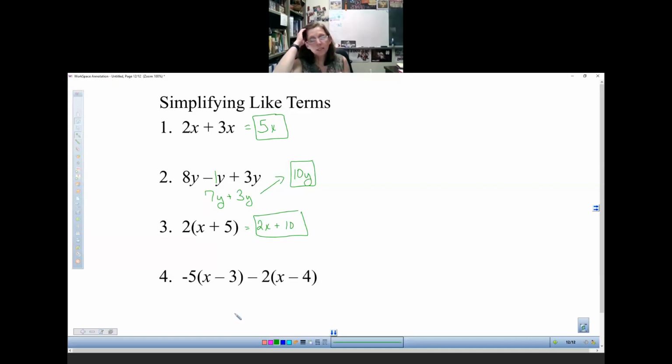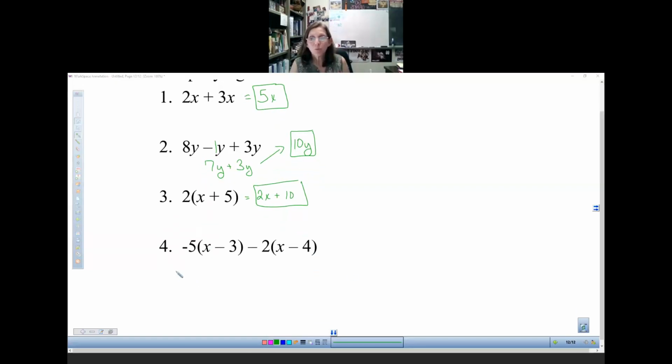And this last one is a little bit tricky, so we have to be careful. So we're going to simplify by getting rid of the parentheses in both pieces, and then we're going to collect together our like terms, so we have multiple steps here. So step 1 is to go through and multiply this -5, so I have a -5x. -5 times -3 is going to be a +15 here.